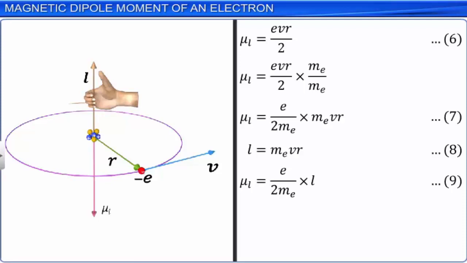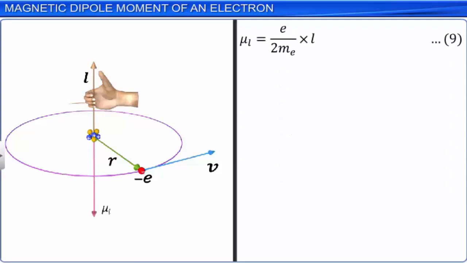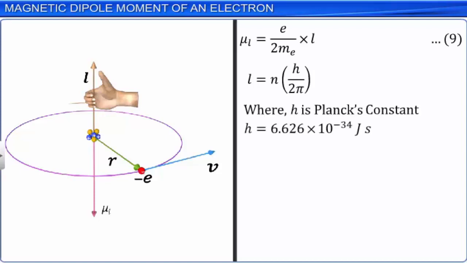Hence, we get the equation L = n h/2π, where h is the Planck's constant, whose value is 6.626 × 10^-34 joule second. Let this be equation 10. Here, n can take the values 1, 2, 3, and so on.